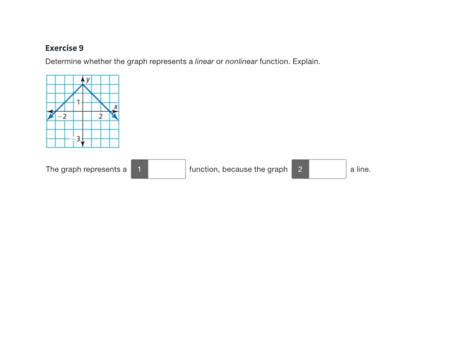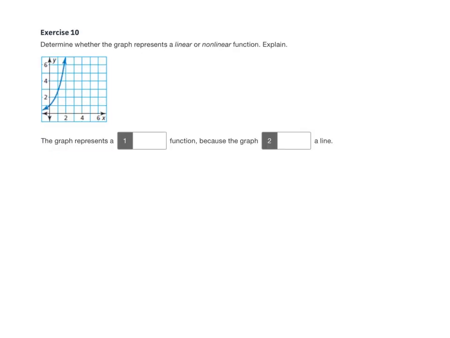The graph represents a non-linear function because the graph is not a line. Number 10. This graph represents a non-linear function because this graph is not a line. It has a curve in it.